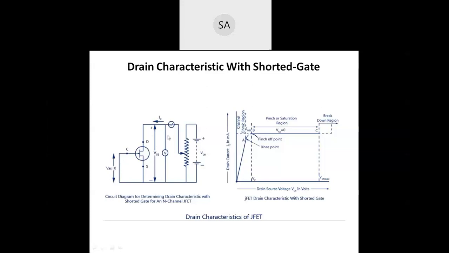The resulting drain current characteristics are similar to the one for VGS, except that a pinch off occurs for smaller values of VDS. The breakdown also occurs at a lower value of VDS. So that is the reverse biasing of gate to source voltage.